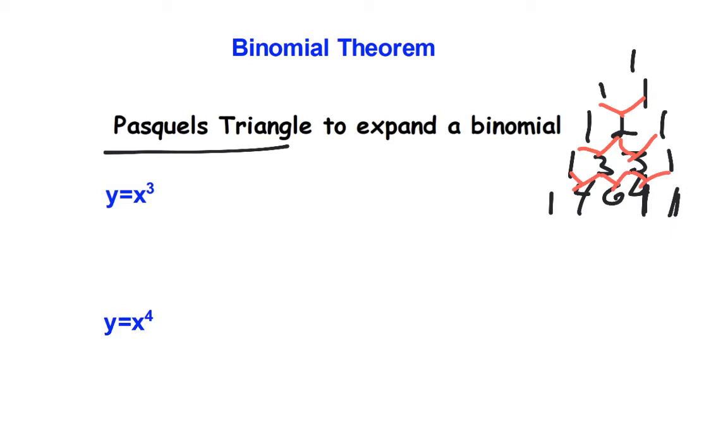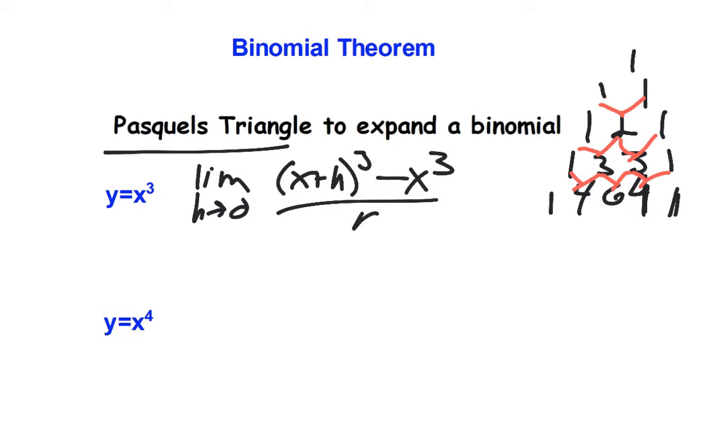So for x to the third, we need to write down the limit as h goes to 0 of f of x plus h, so that's going to be x plus h cubed minus x cubed, all over h. So expanding the third power, this is 0, 1, 2, 3. So I'm going to expand it using that.